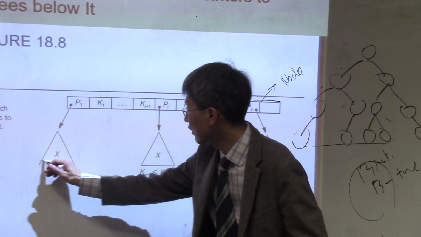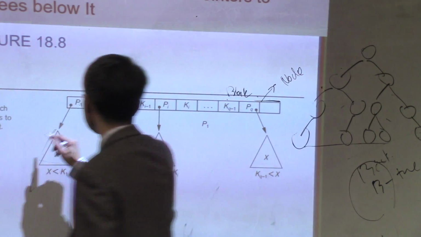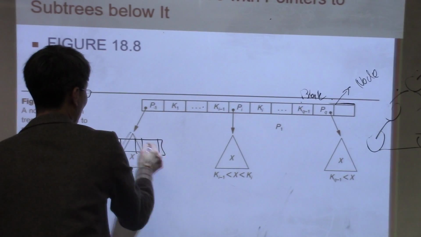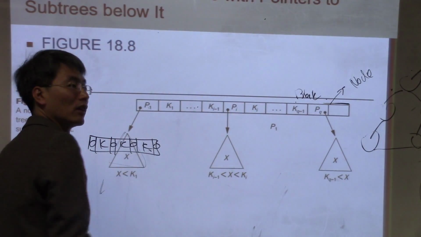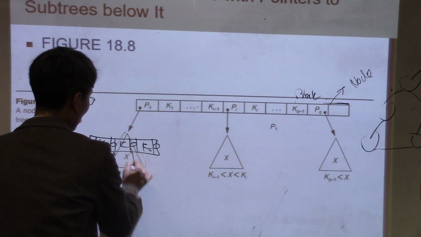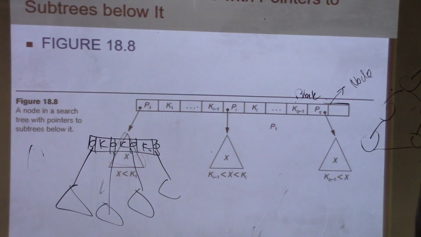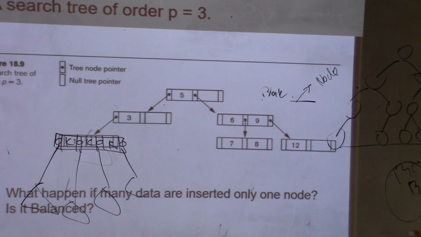And this one, the triangle, is a subtree. It also has the same node structure: pointer, key, pointer, key, pointer, key, pointer. Then this one also has subtrees. So this is an example of a search tree.